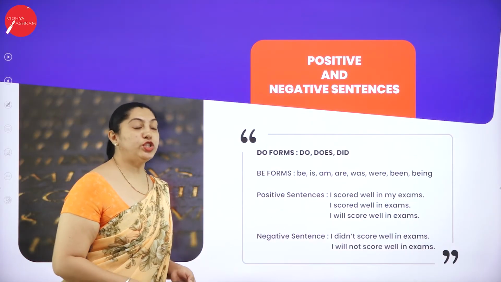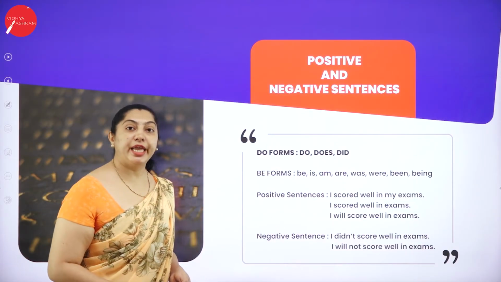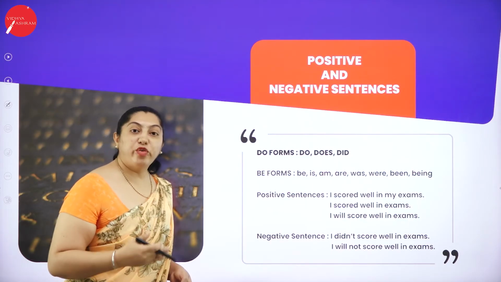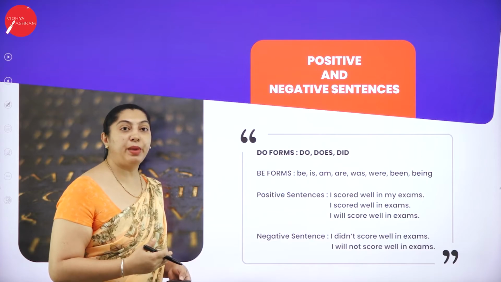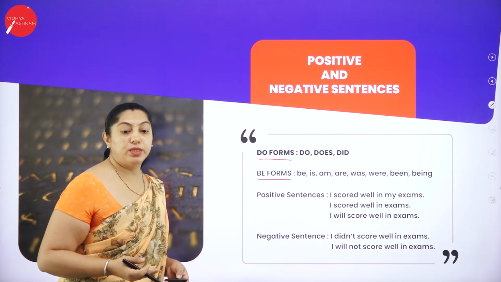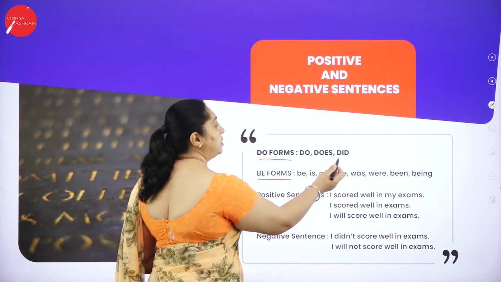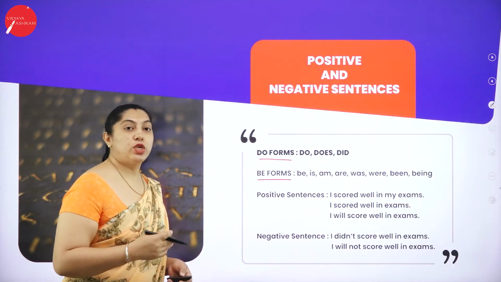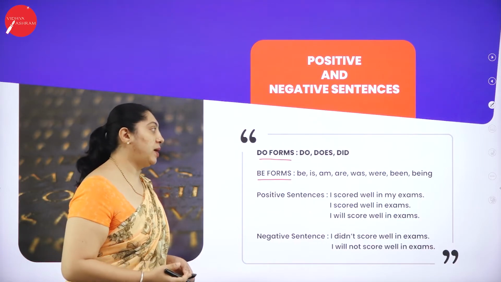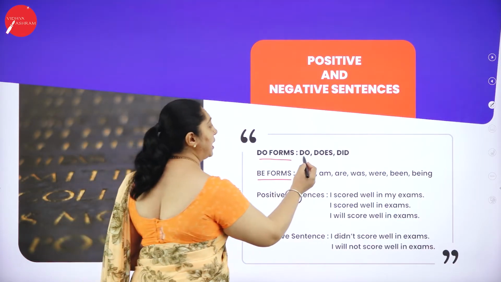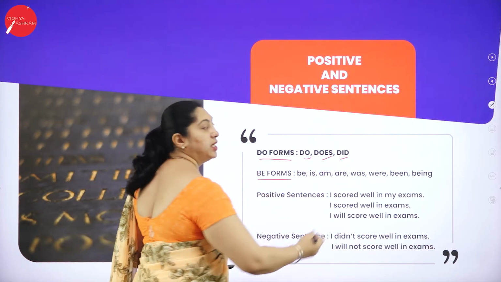Now let's move on to the positive and the negative sentences here. Before we move on to it, you need to know the do forms and the be forms. What are the do forms? The do forms are do, does, and did. So how are we going to use this? Depending on the subject, we use the do forms, that is do, does and did.